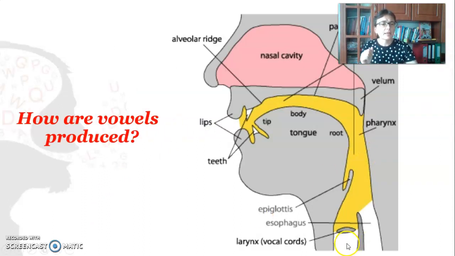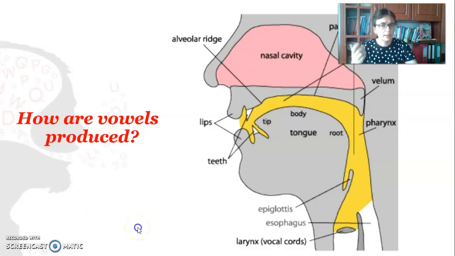The airstream is voiced through the vocal cords in the larynx and shaped with the help of the tongue and the lips to modify the overall shape of the mouth. The position of the tongue in relation to the palate is also an important reference point when it comes to the production of vowel sounds, as this position also shapes the airstream.